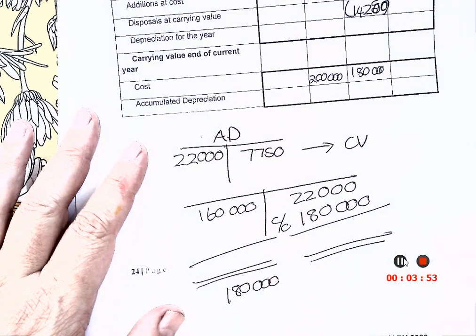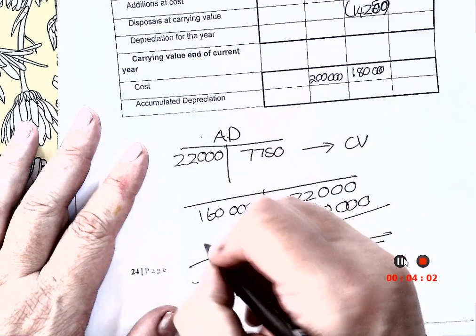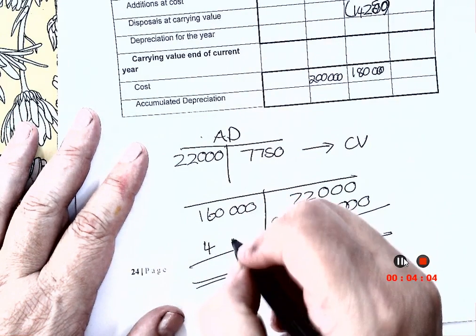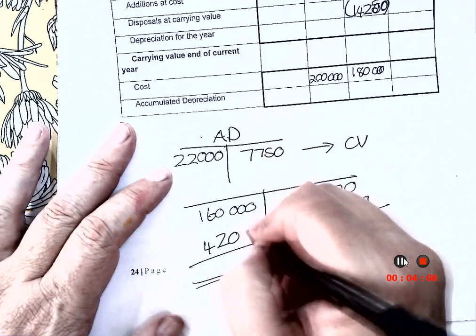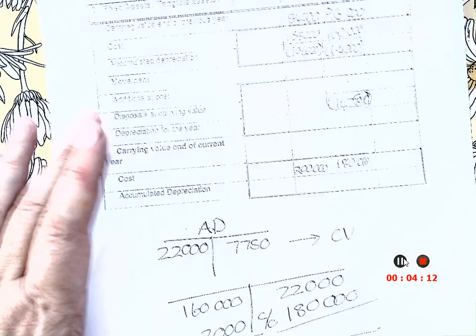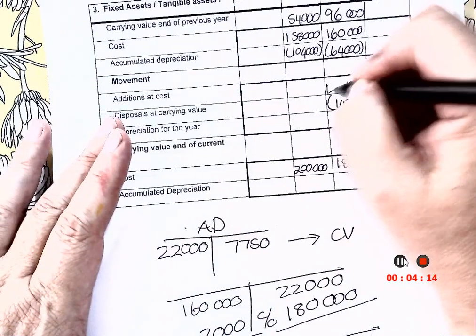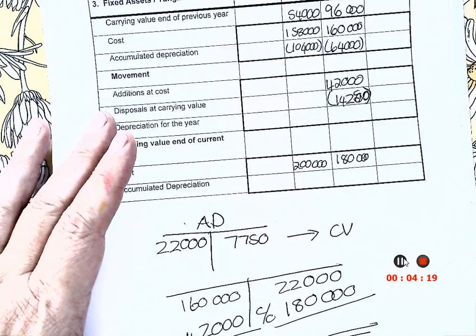Right. So 22 plus 180 less 160 is going to give me 42. Not 44. Okay. So 42,000 goes in here.